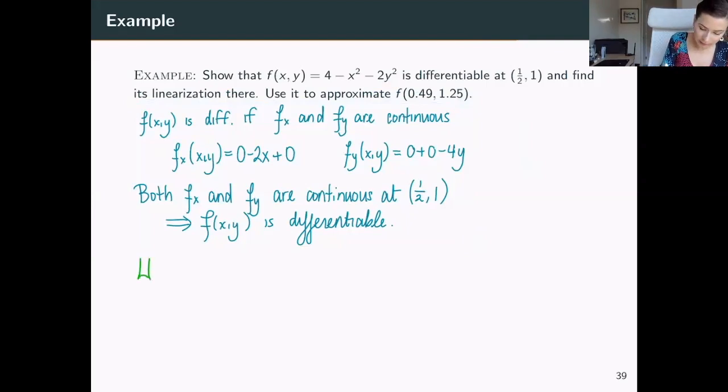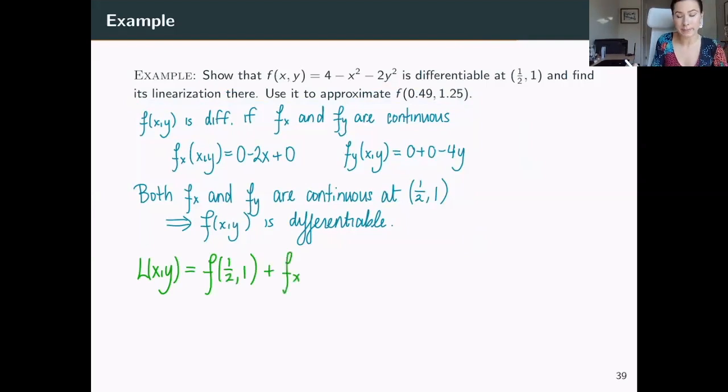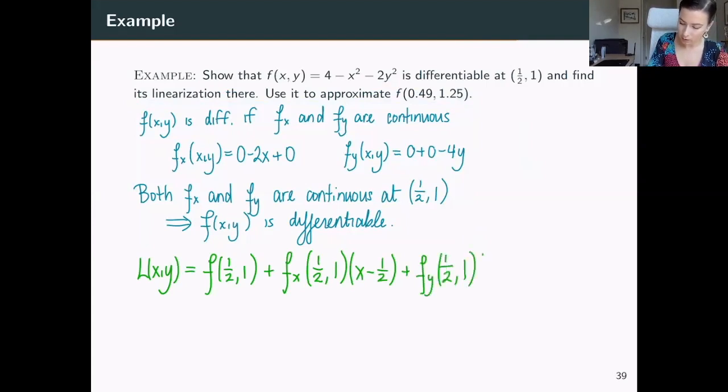We know that L of x, y, by definition, is going to be equal to f of 1/2, comma 1, plus the partial with respect to x at 1/2, comma 1, times x minus 1/2, plus the partial with respect to y at 1/2, comma 1, times y minus 1. Then we can evaluate the partials and the function.